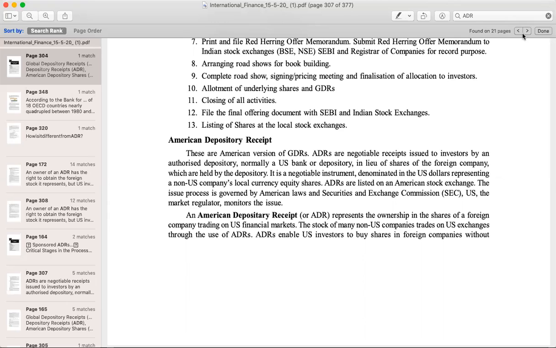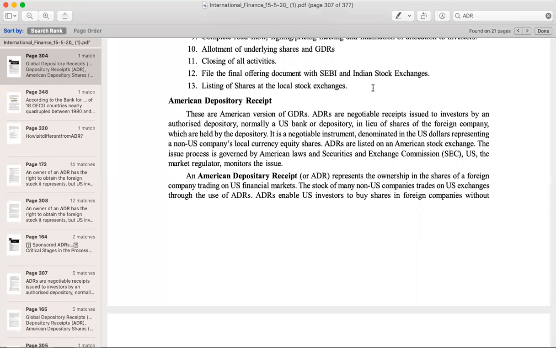So each single equity share is called an American depository share. The moment the issuing company surrenders the equity shares to the depository, they are credited into the company's account in the form of American depository shares, which are then later converted to depository receipts.